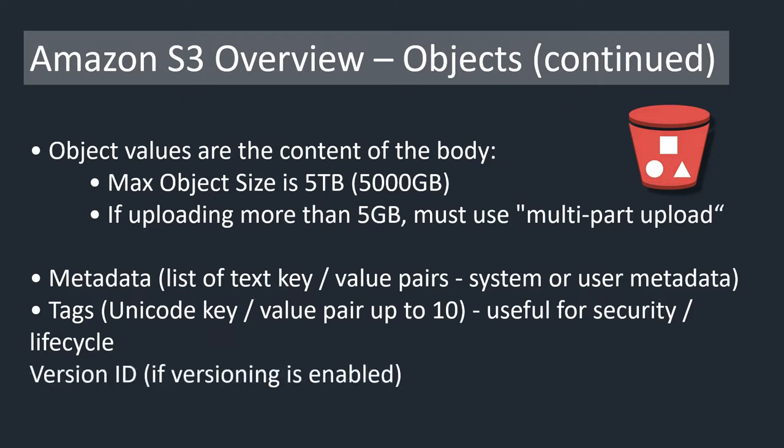Finally, when we go into versioning, we will see that there is a version ID on our Amazon S3 objects, and we will see the value of that in the versioning lecture.